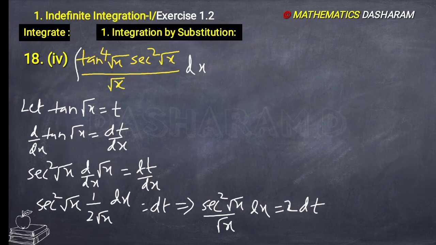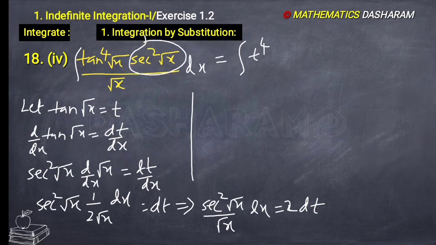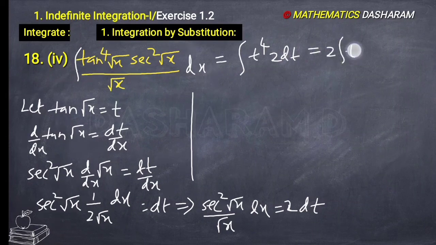Now the question will change. First of all, tan root x equals t, then t to the power of 4 times secant squared root x by root x dx equals 2 dt. So it equals 2 times the integration of t to the power of 4 dt.